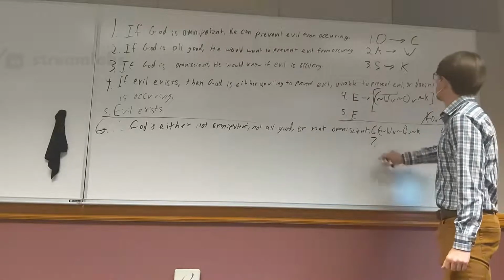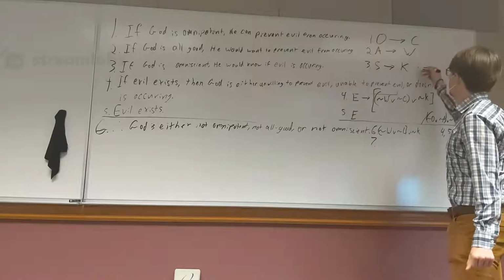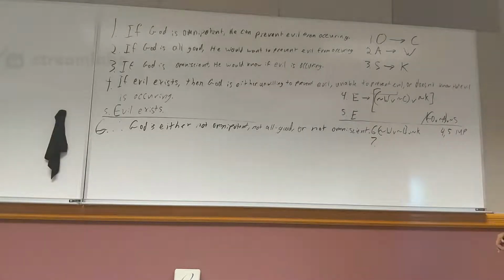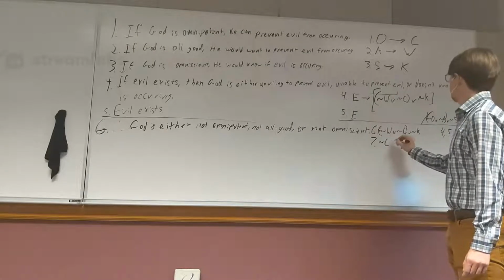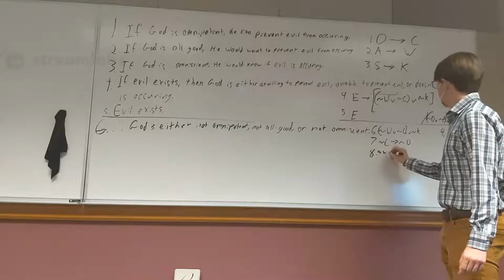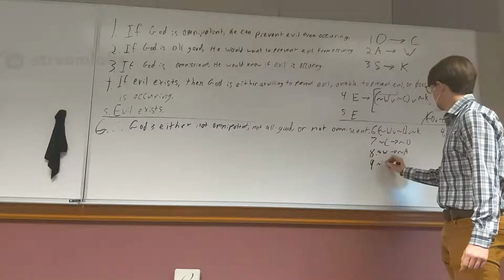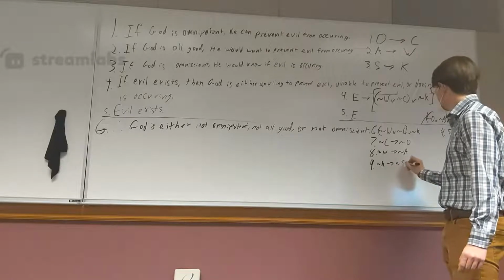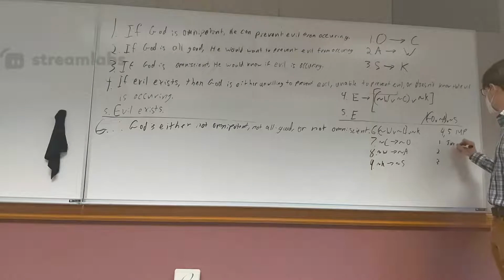So what I did is I rewrote each one of these in their transposition. Right, so I had not C implies not O, but not W implies not A, and not K implies not S. So that's just 1, 2, 3 transposition.